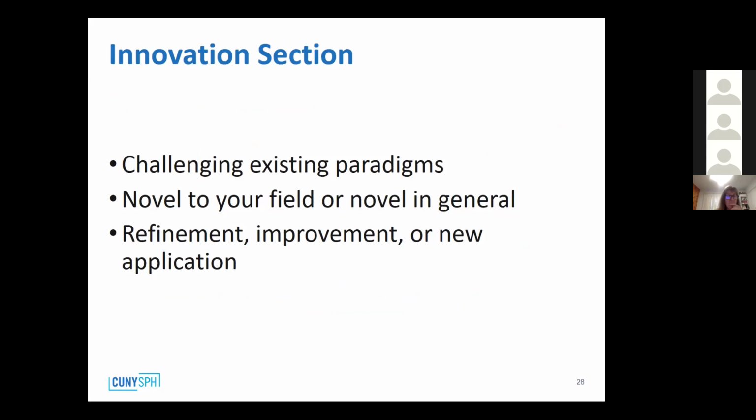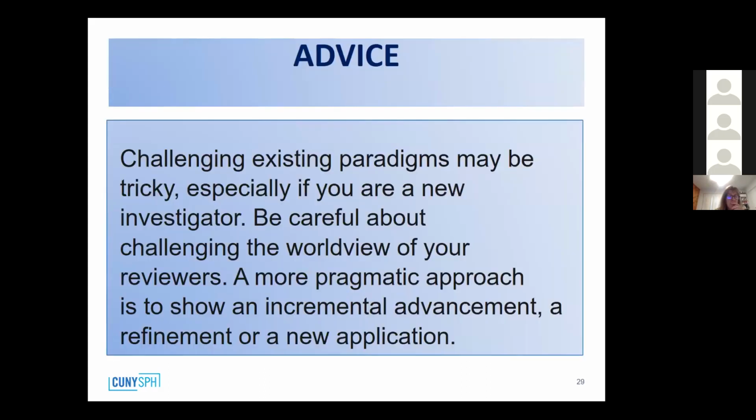The instructions in the scoring criteria suggest that you need to describe 3 aspects of innovation: challenging existing paradigms, novel to your field or novel in general, and refinement, improvement, or new application. Before we get to those three aspects, a piece of advice: be careful when challenging existing paradigms.